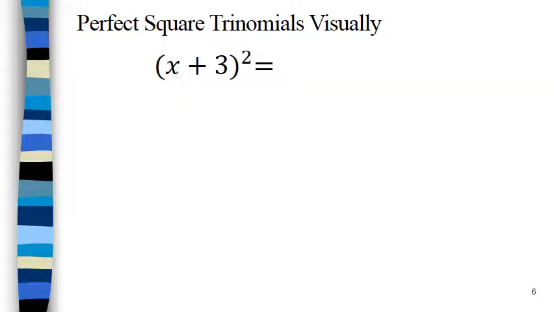Okay, so visually speaking, if we distribute this out, this becomes x squared plus 6x plus some number, and we know that it's going to be 9.